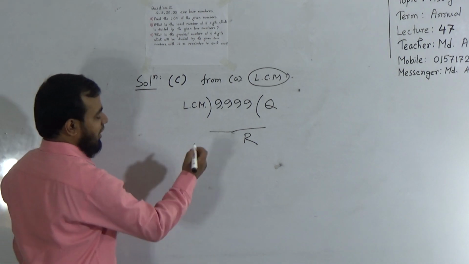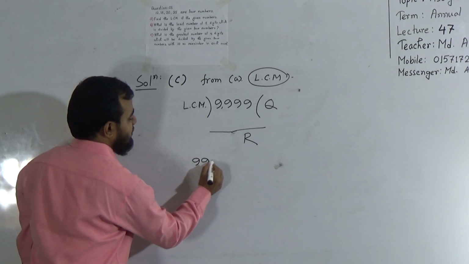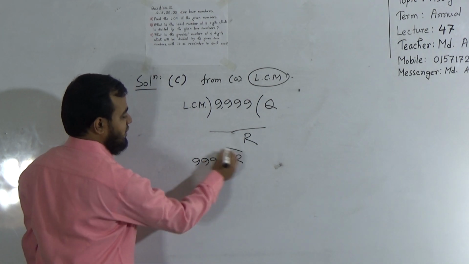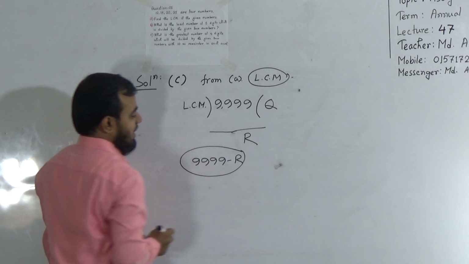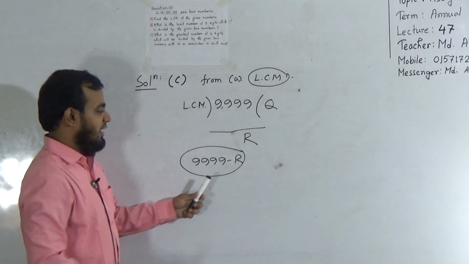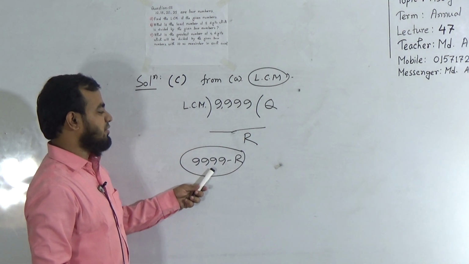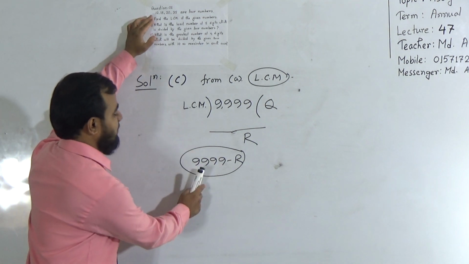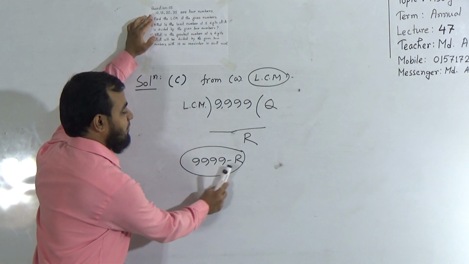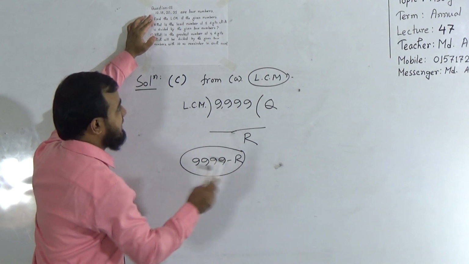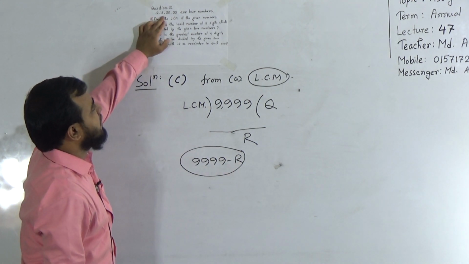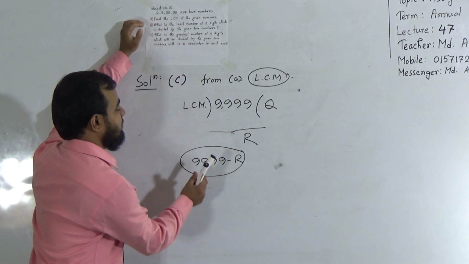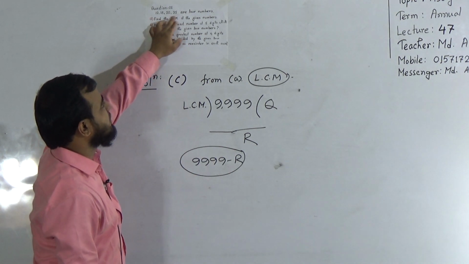Now, when we subtract this remainder from the greatest number of 4 digits, we will get a number. And this number must be divisible by all the numbers. That means 9,999 minus the remainder is divisible by 12, 15, 20 and 35.